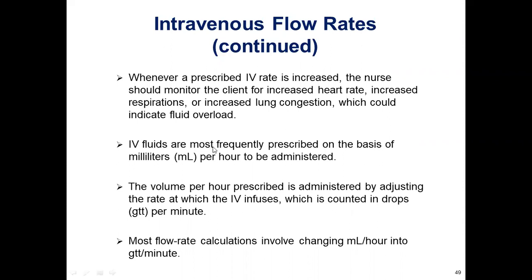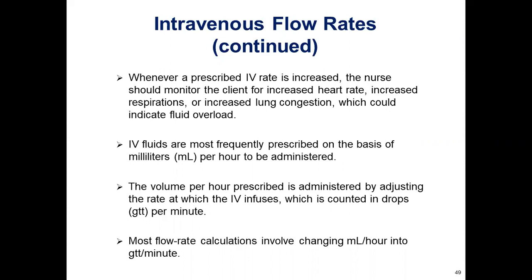IV fluids are most frequently prescribed on the basis of milliliters per hour to be administered. The volume per hour prescribed is administered by adjusting the rate at which the IV is infused.